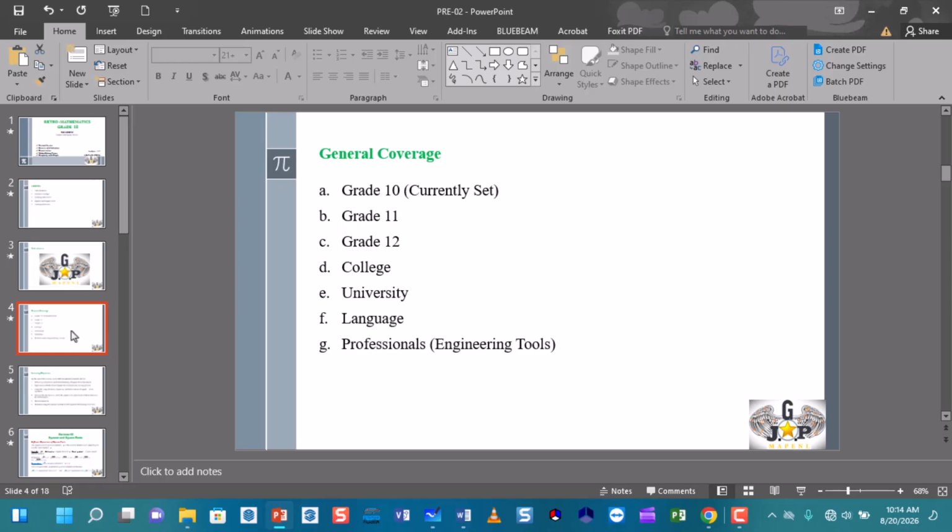So for the coverage, currently we are covering grade 10, then we're gonna go to grade 11, then grade 12, college, university. There will be a session for languages, and we'll reach down to the professionals: engineering tools, software, lessons, mechanical, electrical, and further.